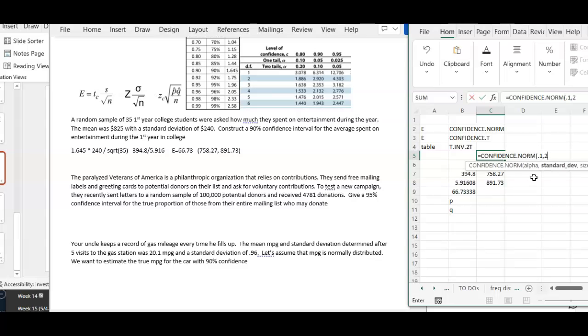Our standard deviation is 240. Our sample size is 35, and that gives me 66.727 or my 66.73. So this is another way using confidence.norm to get your margin of error versus doing it out manually.